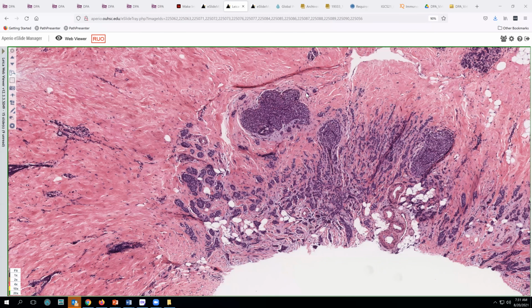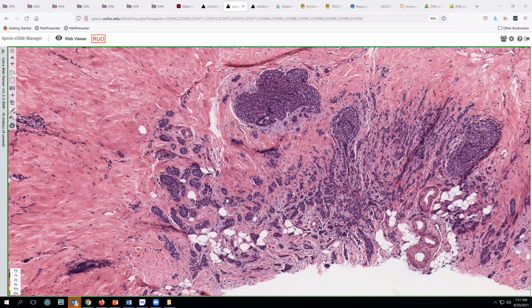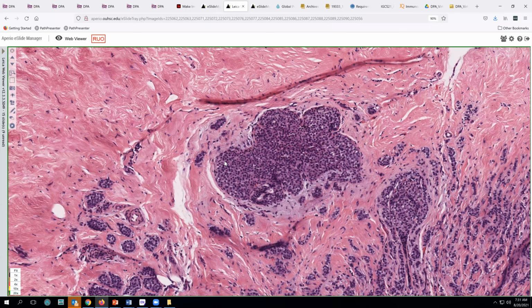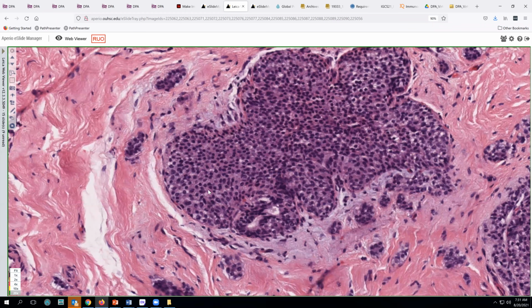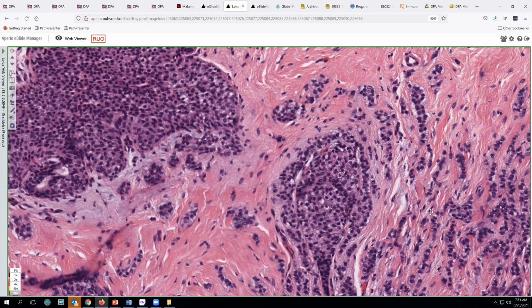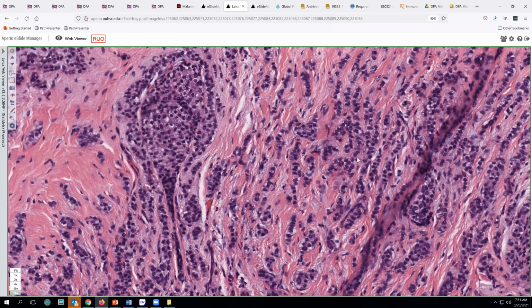In this situation, we have some solid growth here and here and here, and then this infiltrative pattern of growth. So we have what looks like in situ carcinoma here with this rounded nest, and maybe a little bit of residual duct there, maybe a little bit more here, and then an infiltrative pattern.